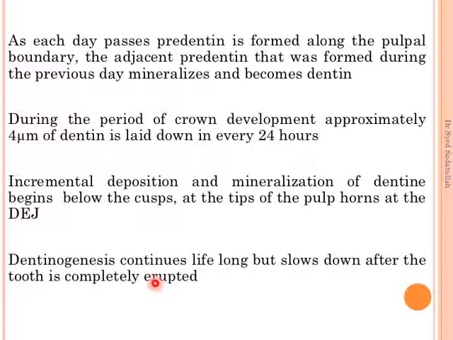So dentinogenesis is continuous throughout the life of the tooth when the pulp is vital, because the odontoblast cells are present in the peripheral side of the pulp. This dentin formation becomes slow when the tooth has erupted inside the oral cavity.